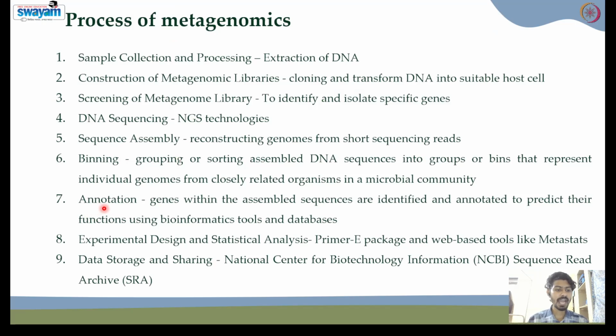Then we will go for annotation, where the genes within the assembled sequence are identified and annotated to predict their function using bioinformatics tools and databases. Then you will be going for experimental design and statistical tools. So here you will be using various statistical tools like Metastats in order to validate the design.